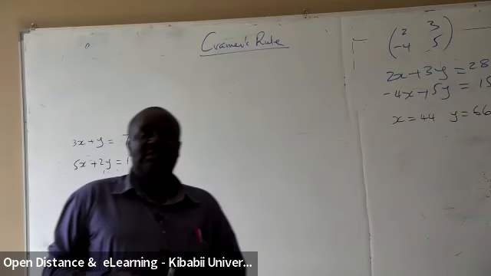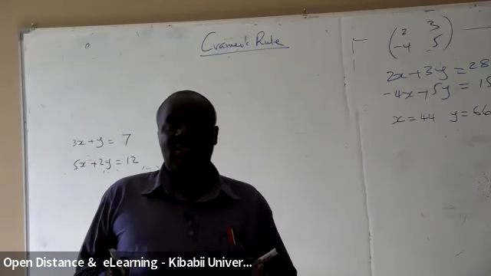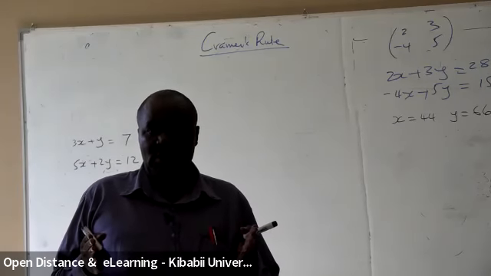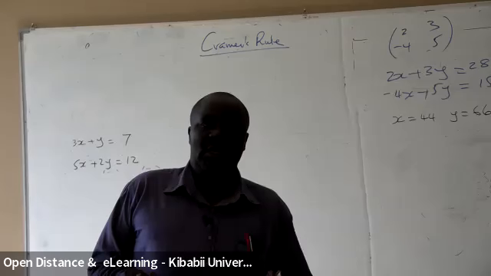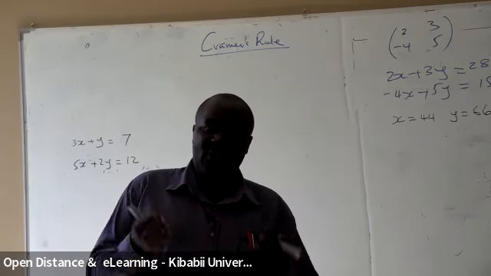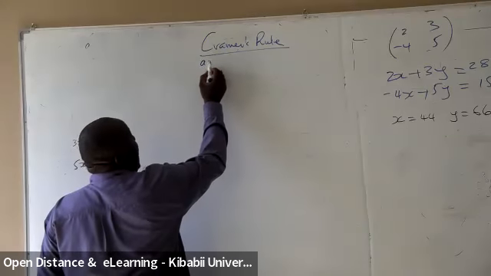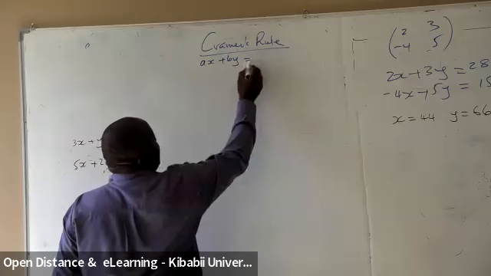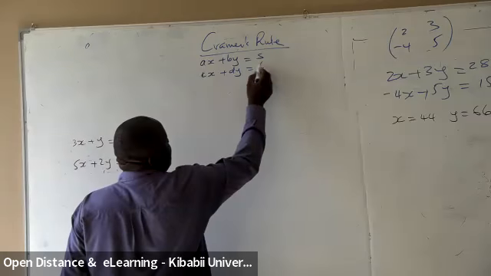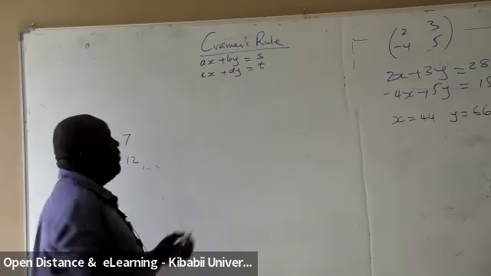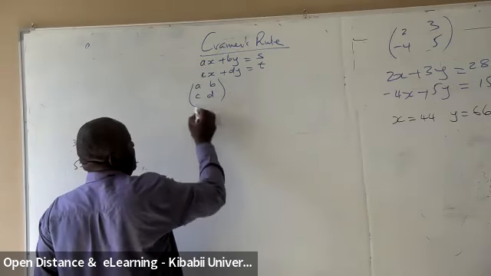What is it that Cramer's rule is all about? Cramer's rule gives us the solution by getting the quotient of the respective determinants, by replacing the coefficients by the constants. Recall, we said that if I have ax plus by is s, and I have cx plus dy is t, then the system of matrix equations, the coefficients are a, b, c, d.